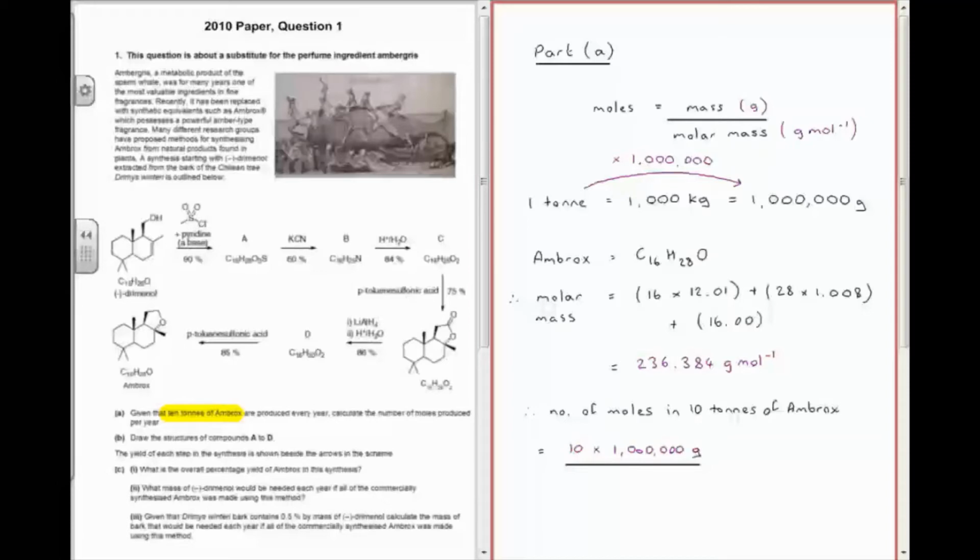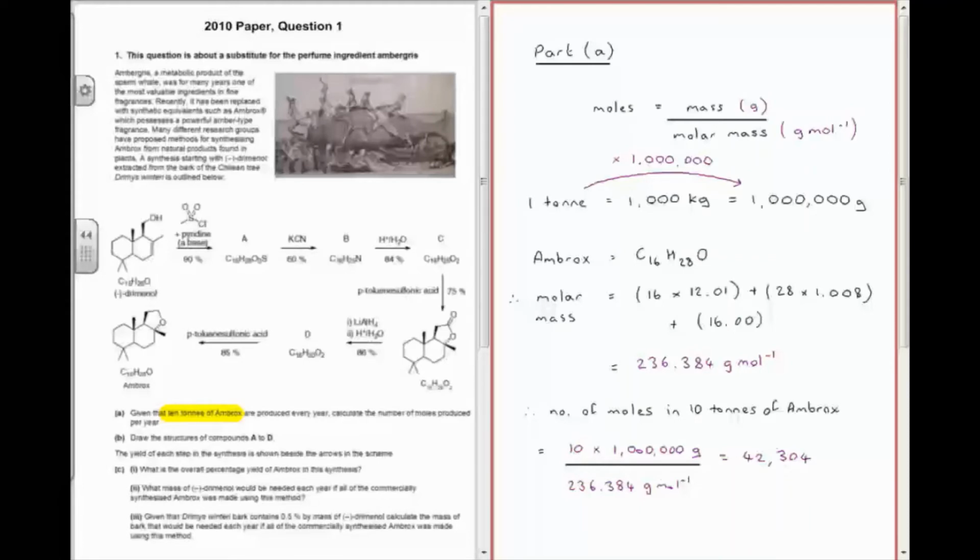The molar mass of ambrox is 236.384 grams per mole, and so if we do that calculation, we can find out that the number of moles is equivalent to 42,304. However, we can't leave that as our final answer.